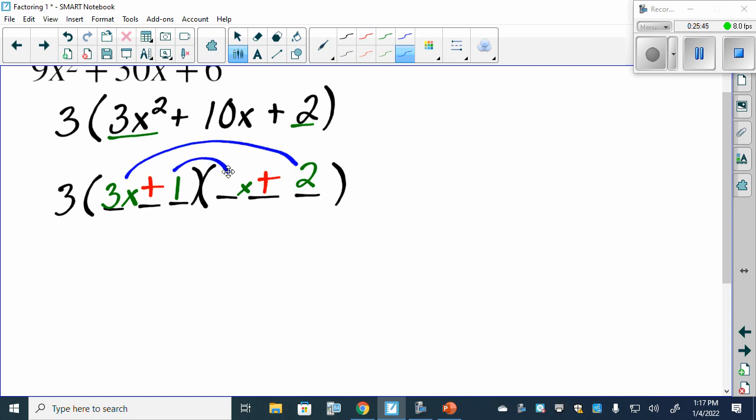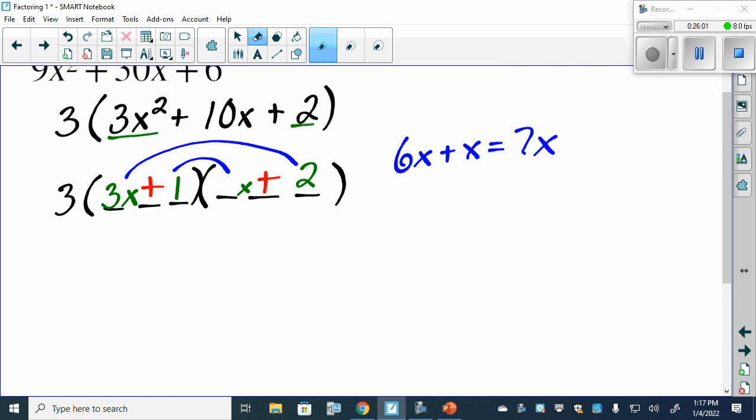Now the next thing we need to do is to check it. Well, 3x times 2 is 6x, 1 times x is plus x, and 6x plus x is 7x. Is that what we wanted? No. Well, we can't flip the signs, but we can flip 1 and 2.